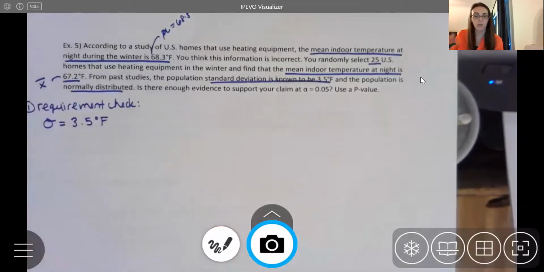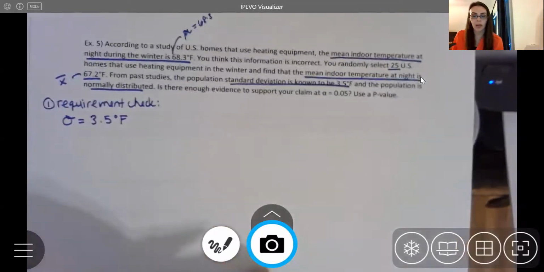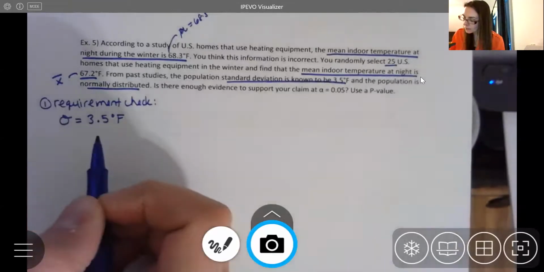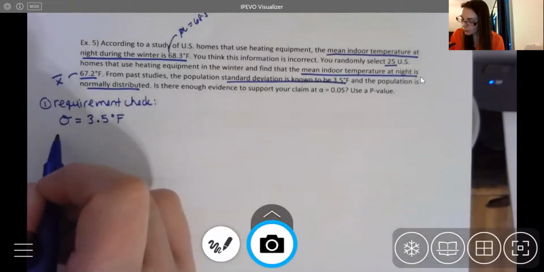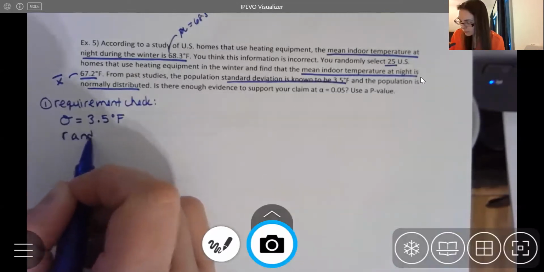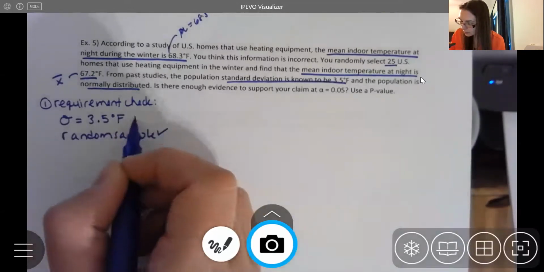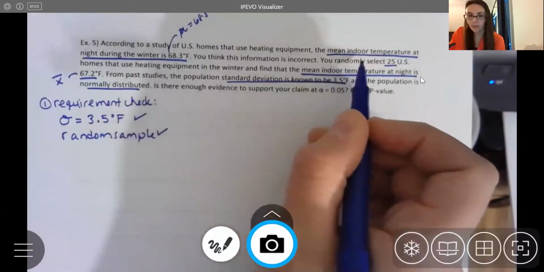They've probably been doing research on this topic for a while, so they do have a good understanding of the population already. We have to make sure that our sample is random, which it is, right? It says a random sample.